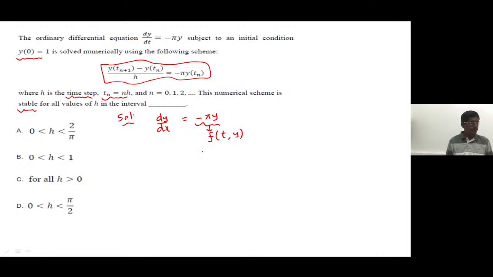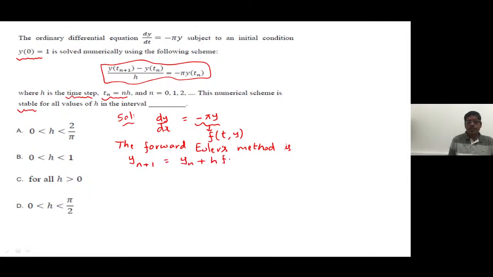Now the forward Euler's method or iteration formula is y_n+1 is equal to y_n plus h times f(t_n, y_n).